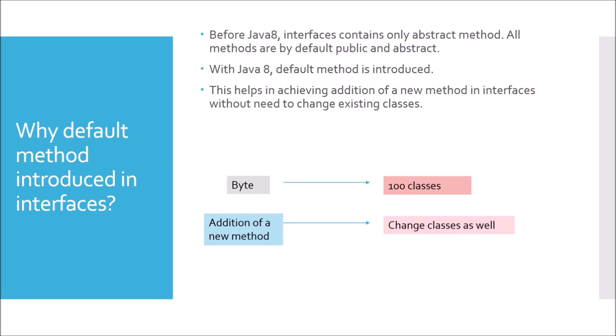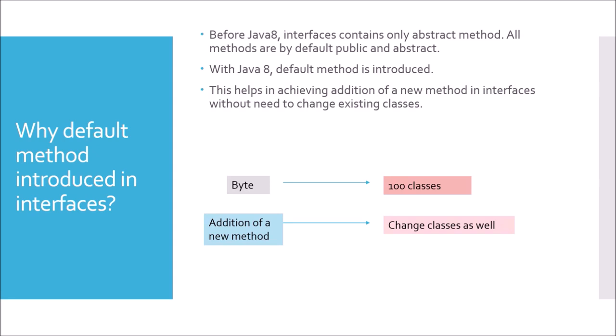Similarly, in Java, we have List, Set, Queue, and Map interfaces implemented by many classes. If you add any method in those interfaces, you need to change all the classes implementing them.